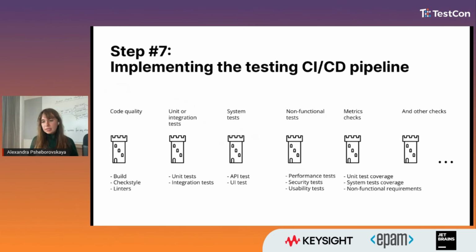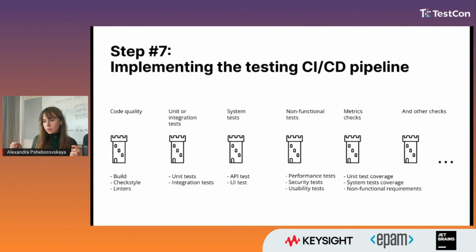The final step is the implementation of a modern testing pipeline using CI/CD, of course, and quality gates, of course. And for this stage, it is crucial to include critical, fast, and stable checks. The popular strategy for a CI/CD pipeline is fail first.